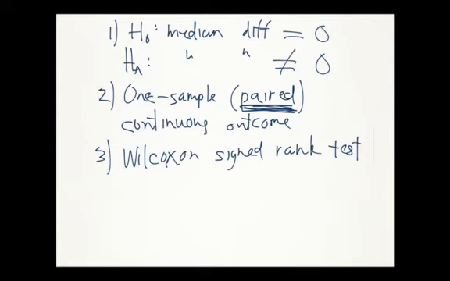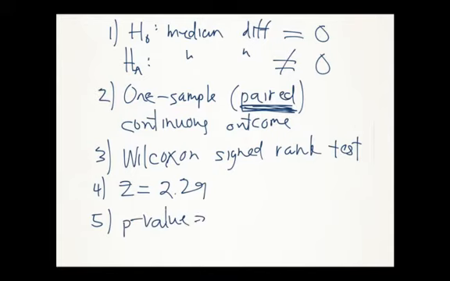Our test statistic, which we calculated on the previous slide, was z equal 2.29. We can get a p-value for that by looking at the standard normal tables. And it turns out the p-value in this case is 0.022.